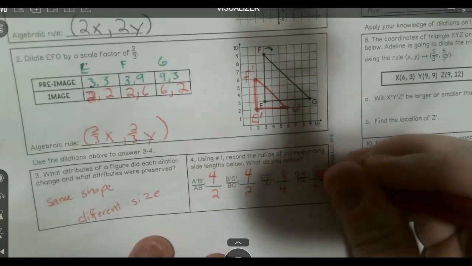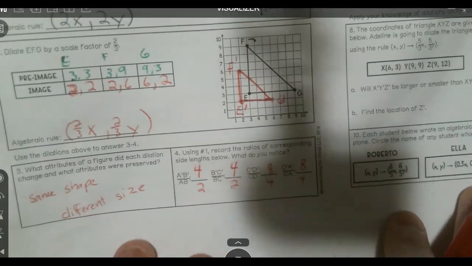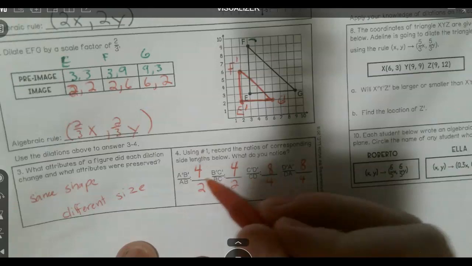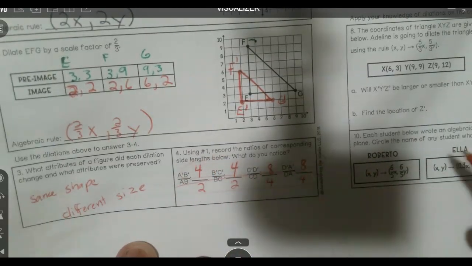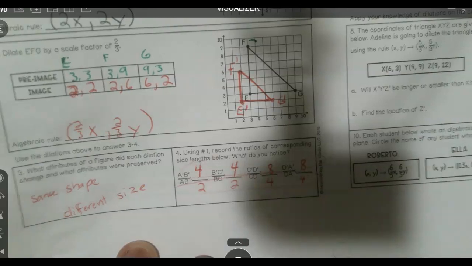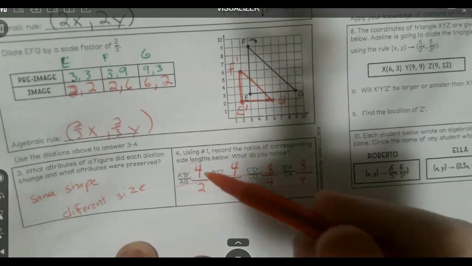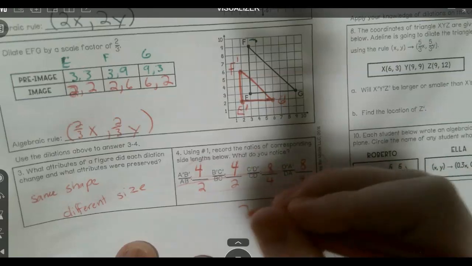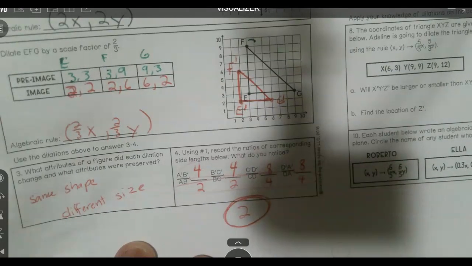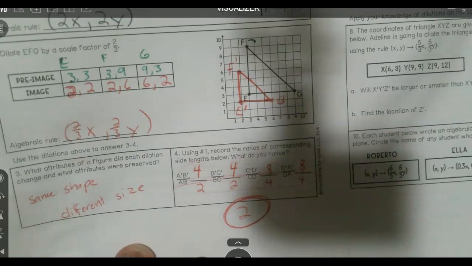Now, what we're supposed to be noticing as we look at the original side lengths compared to the new side lengths is that if you reduce each of these fractions, you will get the scale factor of 2. Voila!